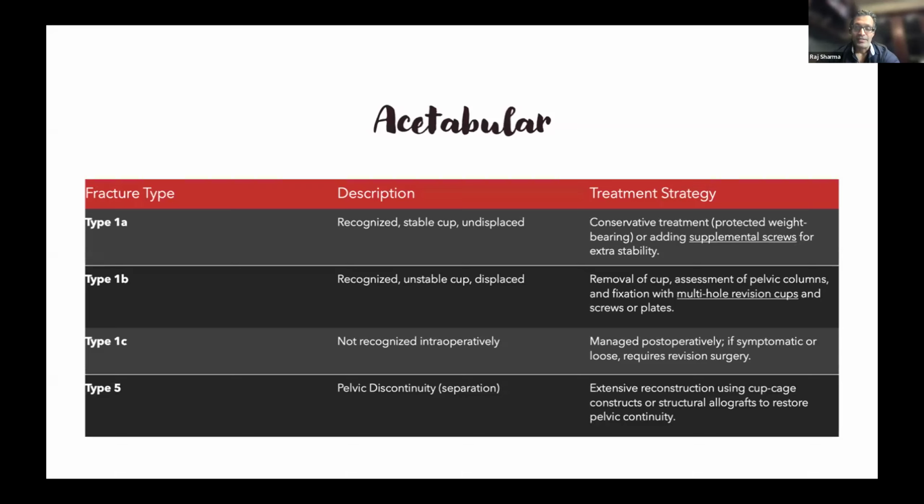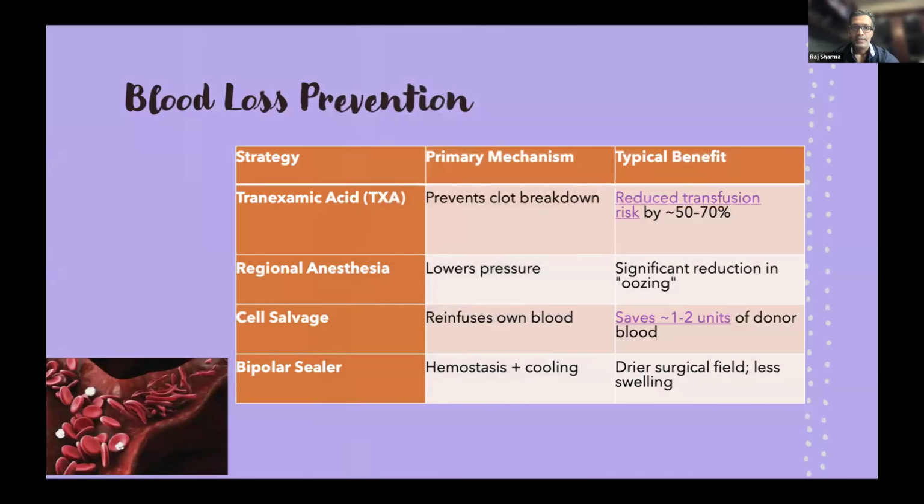If it's not recognized and it's stable, you can leave it alone and treat it post-operatively. Or if it's unstable, then you have to take it back for a revision. And then the pelvic discontinuities, you're going to have to increase to a cup cage or some other kind of construct to gain stability.